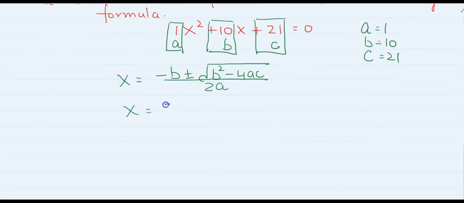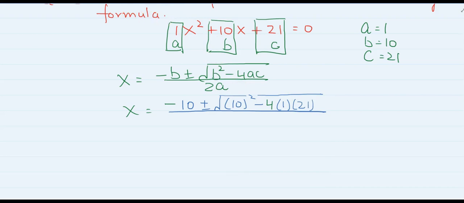So our x will be minus, what is b here? B is 10, plus minus root b square, that is 10 square, minus 4, a is 1, c is 21, over 2a, 2 and a is 1.